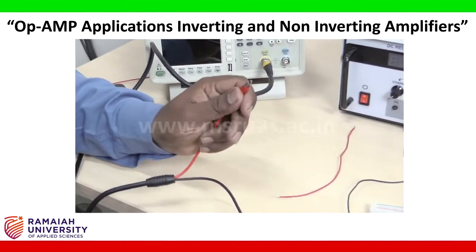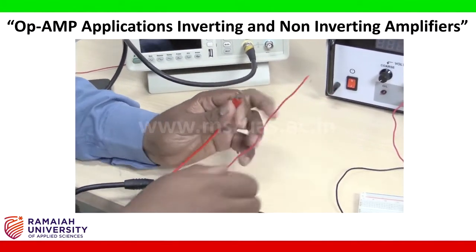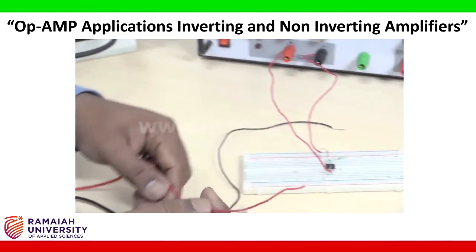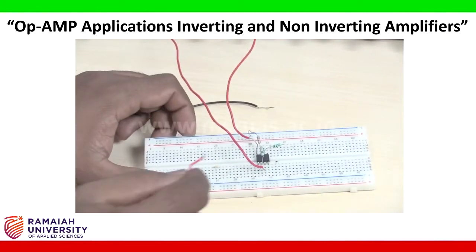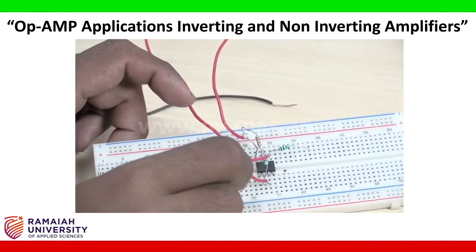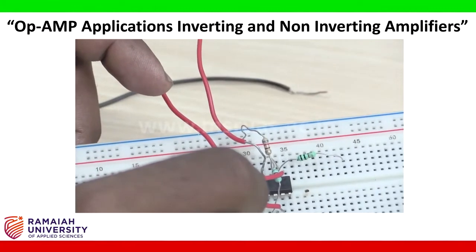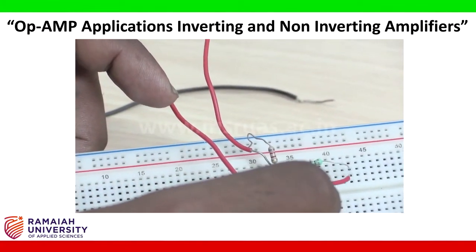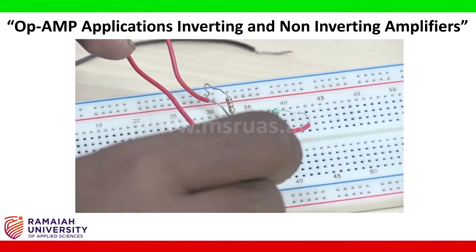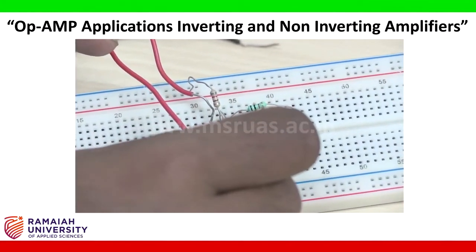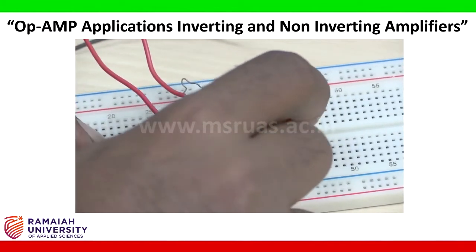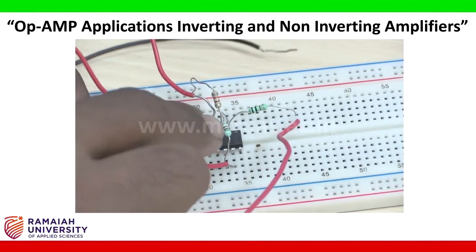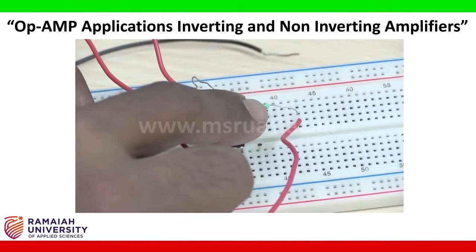The positive end I am going to connect using the connecting wire like this to terminal number 2, which is connected with the 1 kilo ohm resistor. Now my input is here. I need to connect this input positive to this terminal, this series line. So now it is connected to pin number 2 virtually through this resistor.